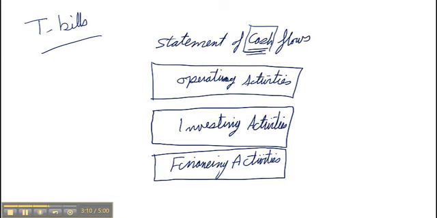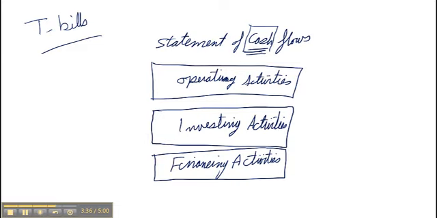While the investing activities will include long-term investments, mainly investing in long-term assets such as machines, equipment, buildings. You could also include long-term investments in other companies. So if your company bought shares in another company, this would also fall into the investing activities.